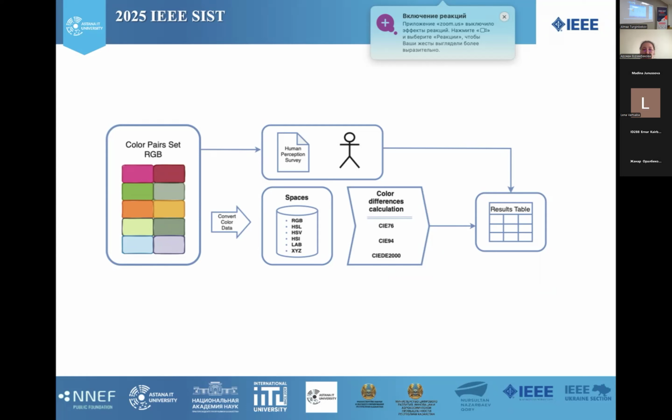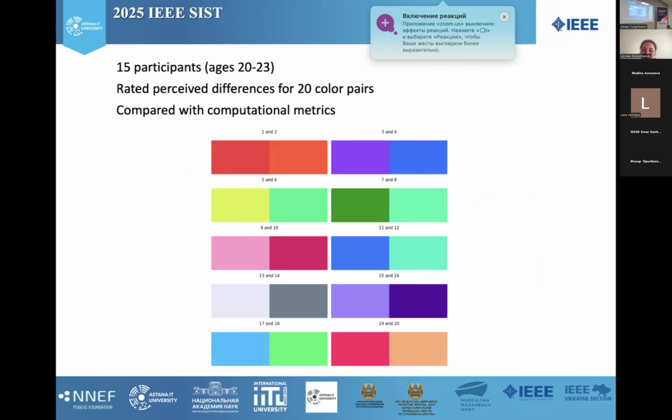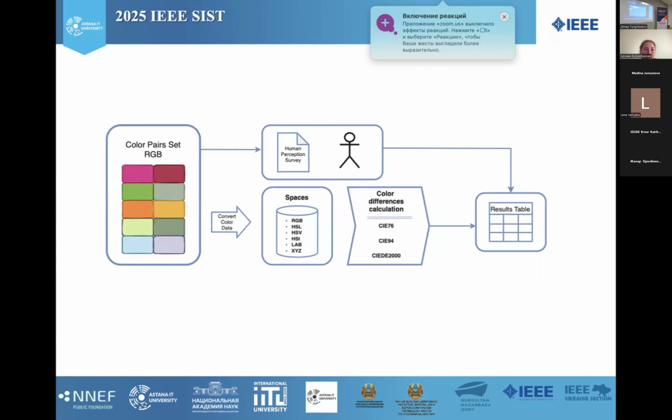And the second part of work was to evaluate the difference mathematically. So firstly, we converted the same color pairs into our chosen color spaces, and on each of them we conducted the calculation of the color differences, and then we got the result table.